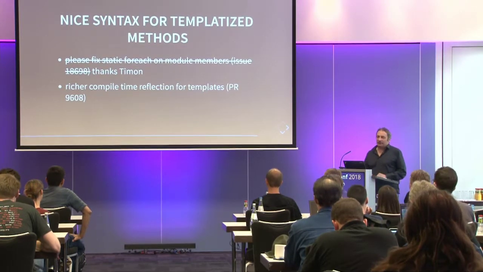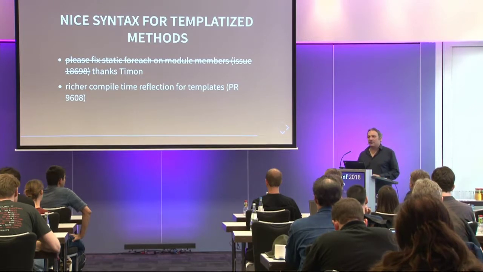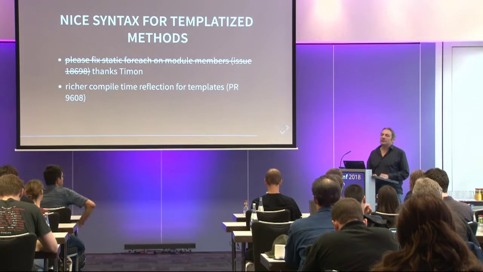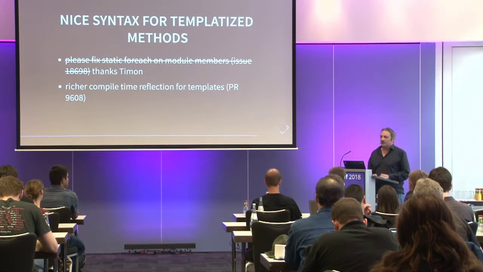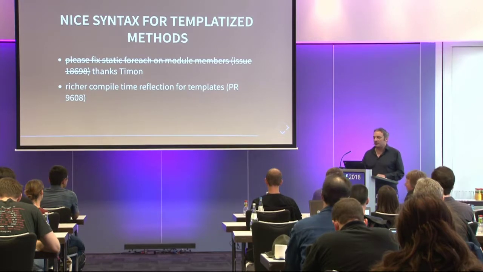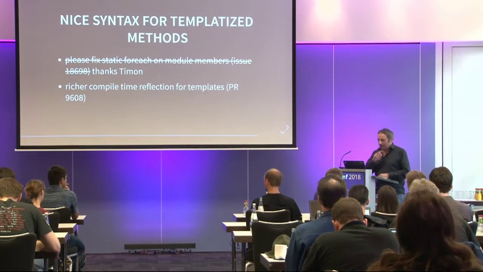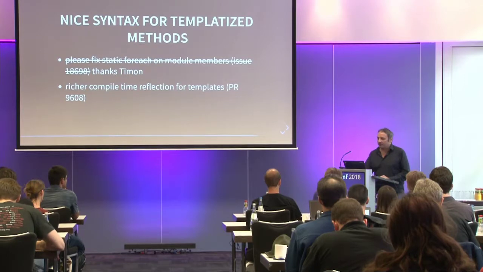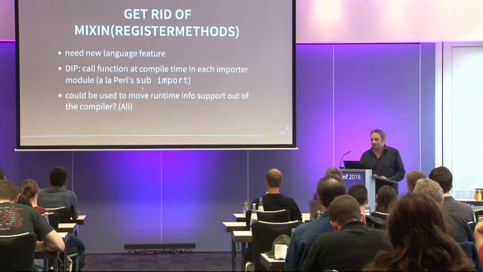You can find them, and you can say, oh yeah, there are templates, and you can find the template arguments, but we cannot find the function arguments. There's a PR which has been in review hell for a long time, which enriches the traits, and that would allow me to do this. Or maybe Andrei's new system.